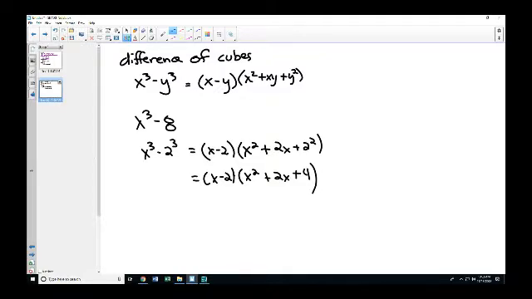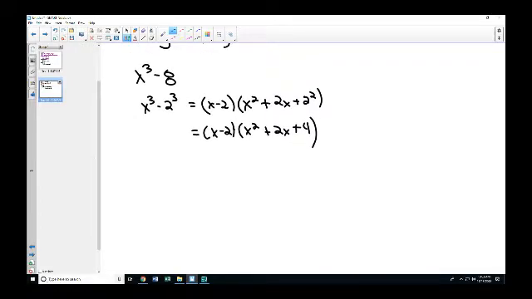Okay, let's try one a little bit more into it. 27y cubed minus 64z cubed.